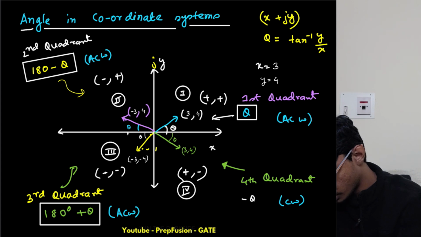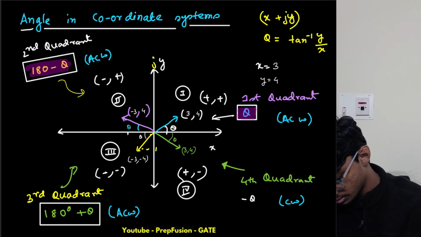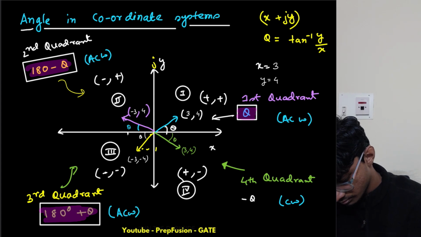So I will highlight these things. If I highlight this one, this will go much. Let me highlight with this one. This is looking bad, and this is theta also.